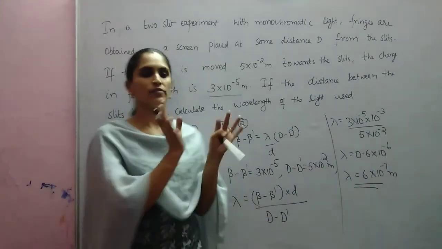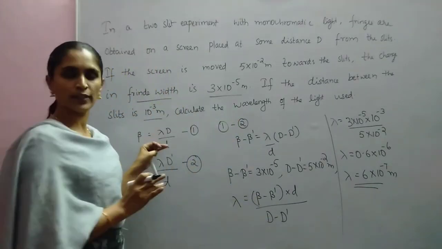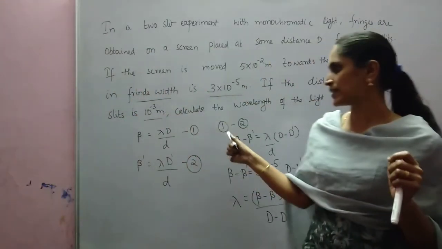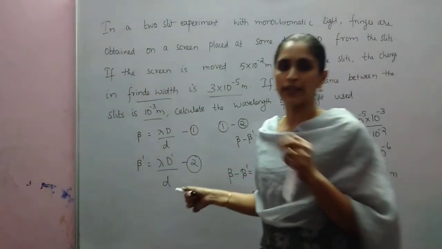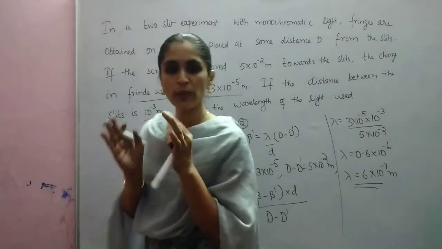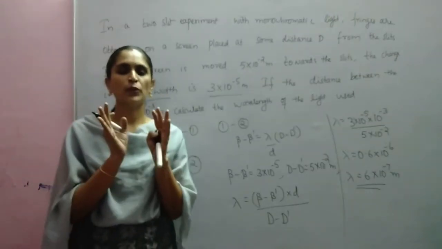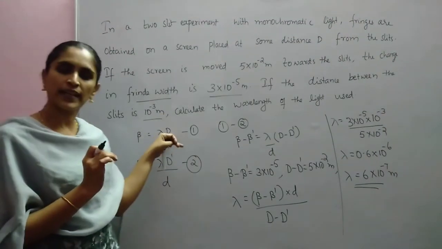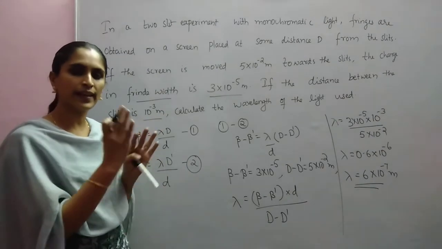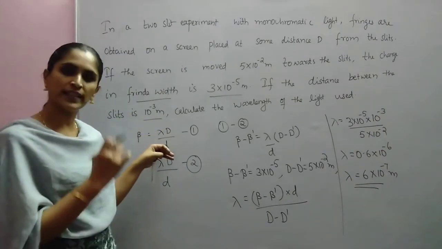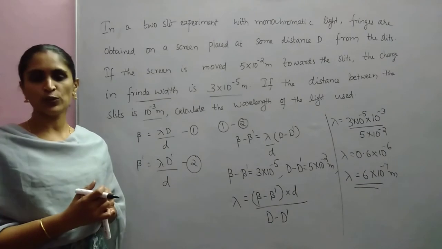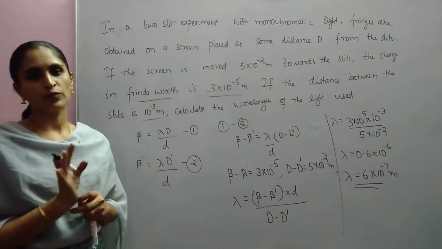So this is the way of solving problems related to the expression for fringe width, which is given by beta is equal to lambda D by d. When you are solving problems based on this, you have to keep one thing in mind. Here capital D stands for the distance between the slits and the screen, small d is the distance between the slits, lambda is the wavelength of light used, and beta is the fringe width.